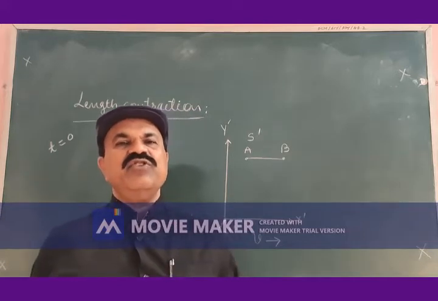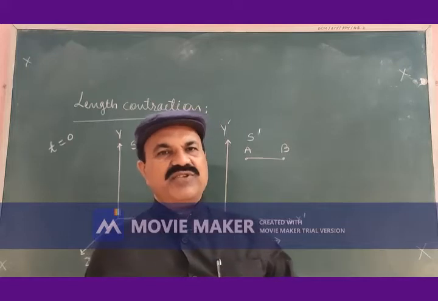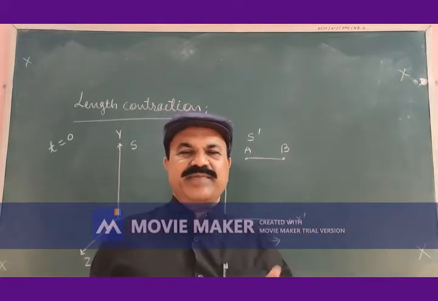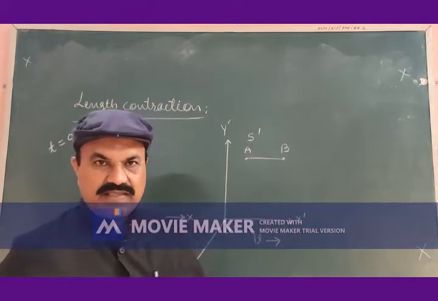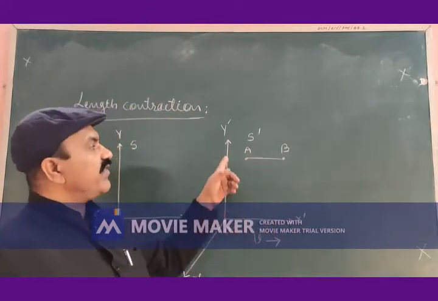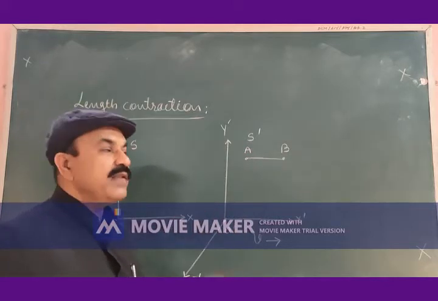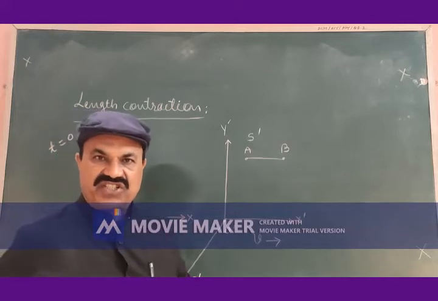Similarly, we will always have z is equal to z prime and z prime is equal to z, because there is no motion of frame of reference S prime along y direction or along z direction.